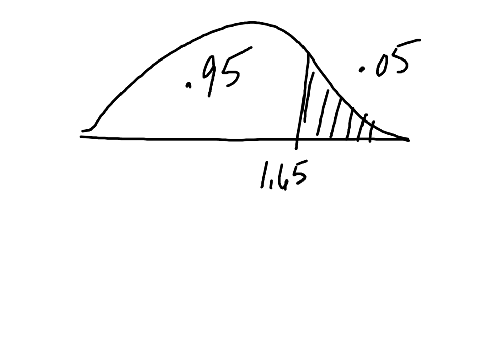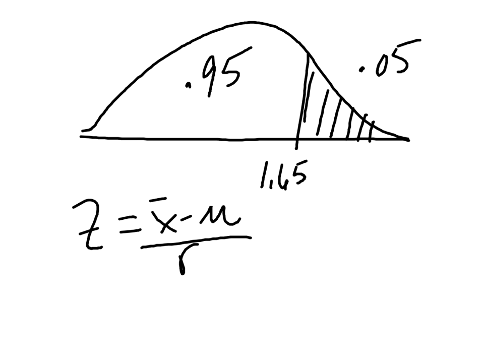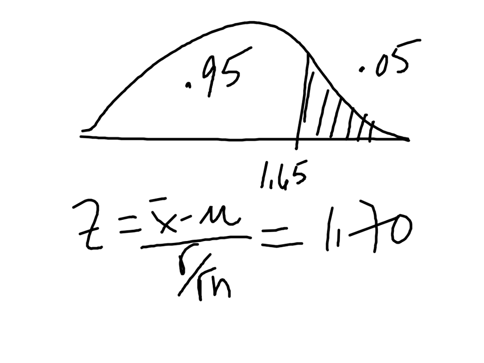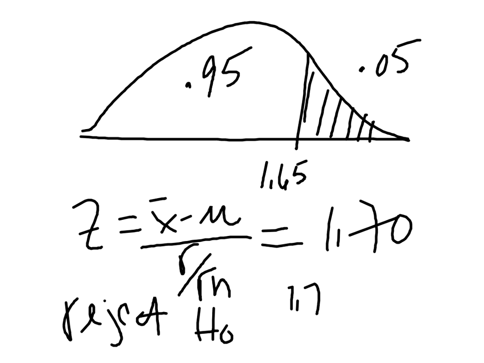So there's the situation. Let's say that we did our equation and we came out with 1.70. Well, right away, we know we're going to reject the null hypotheses because 1.70 is greater than 1.65.